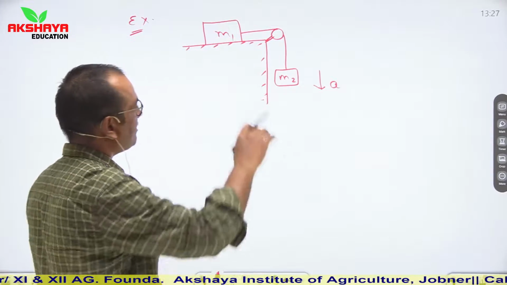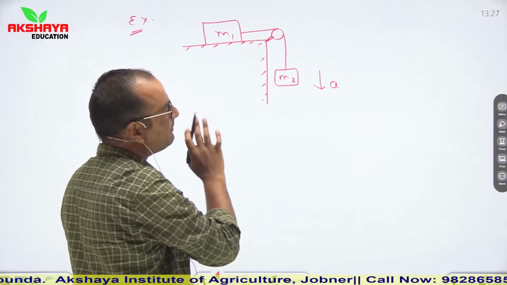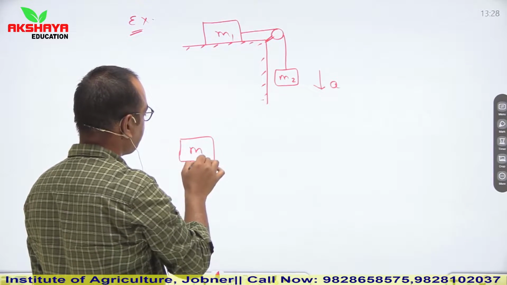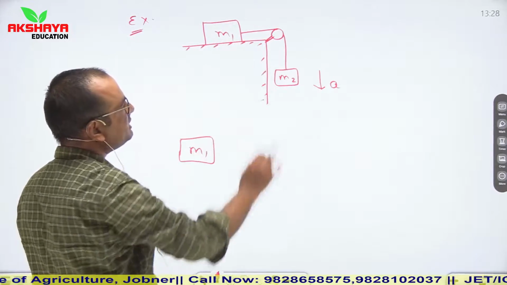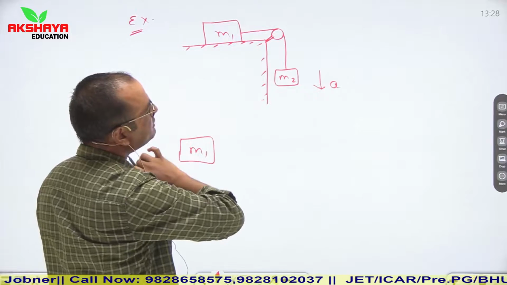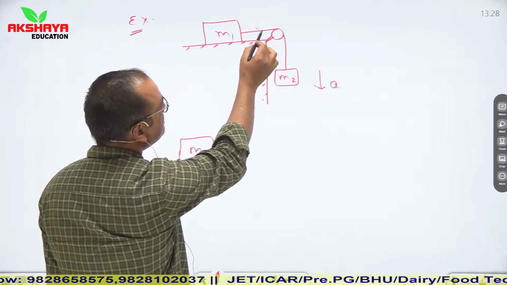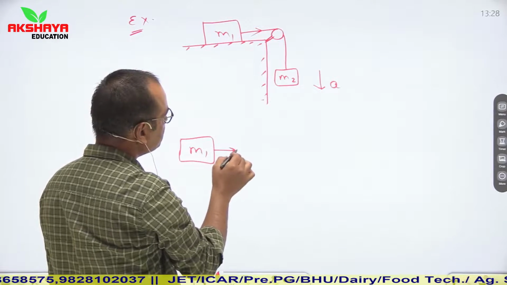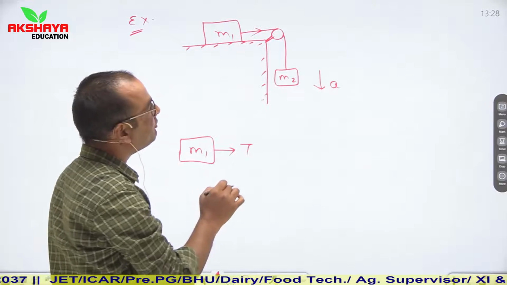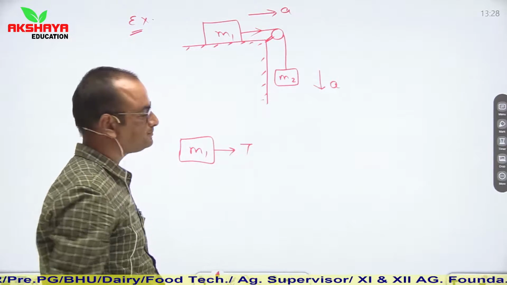So see, first of all, draw FBD of M1 and M2. FBD of M1 is, see, its motion is in X direction. So in X direction, how many forces are there? Identify all the forces. There is only one force, which is tension away from this. Let us say this is tension T. If this object is accelerating in downward direction, then it is also accelerating in the direction of M2.